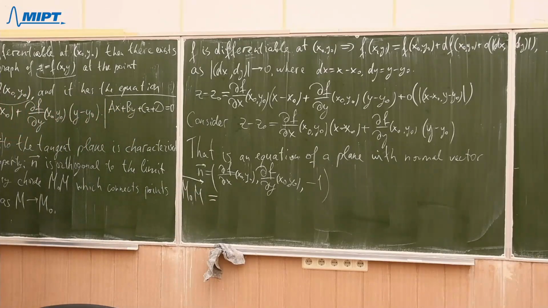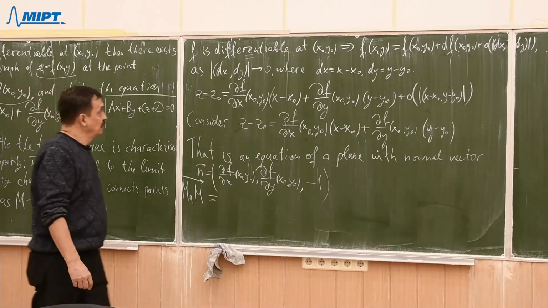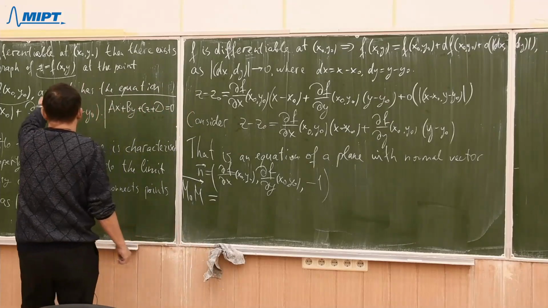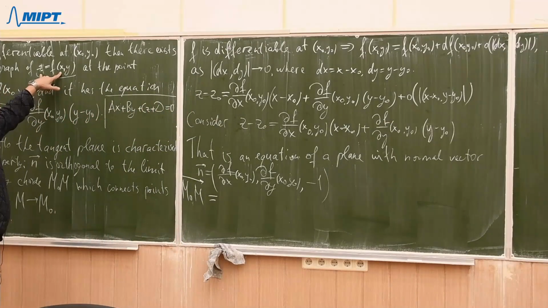M has coordinates, okay, of an arbitrary point of our graph, x, y, and z, which is like that. So the coordinates of M naught are written here.